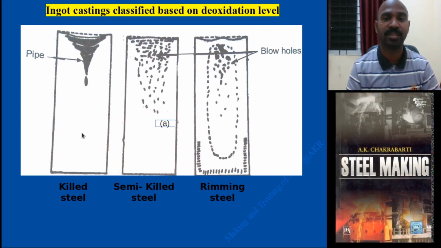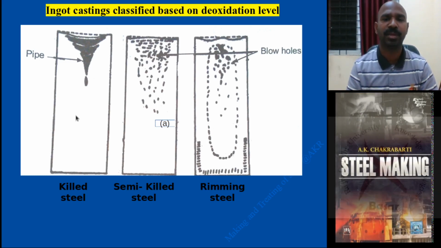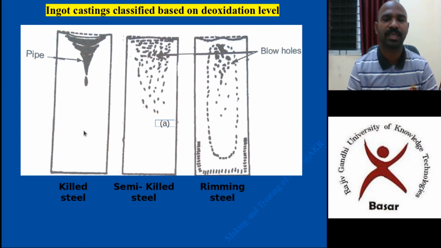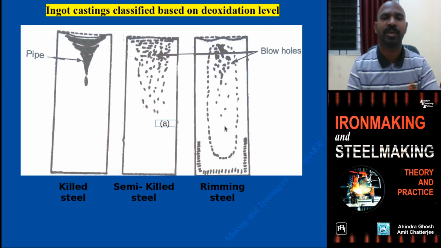Another point of difference is the carbon content: it is around 0.3 percent in the case of killed steel, 0.15 to 0.3 in semi-killed steel, and less than 0.15 percent carbon in rimming steel. The carbon content is low here, and higher there.